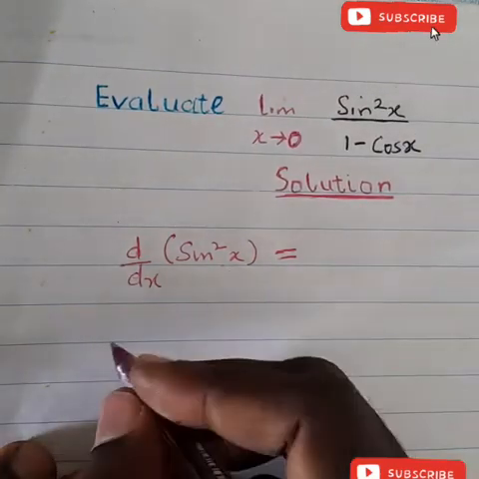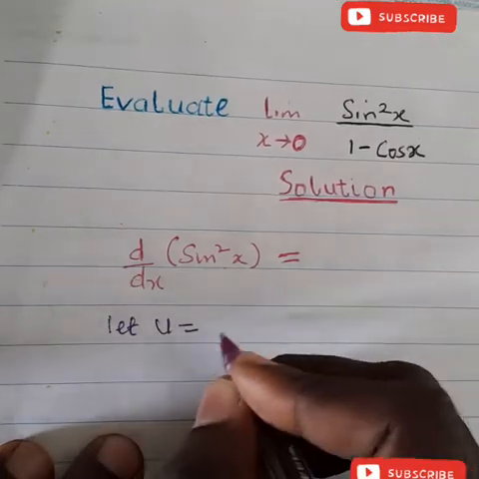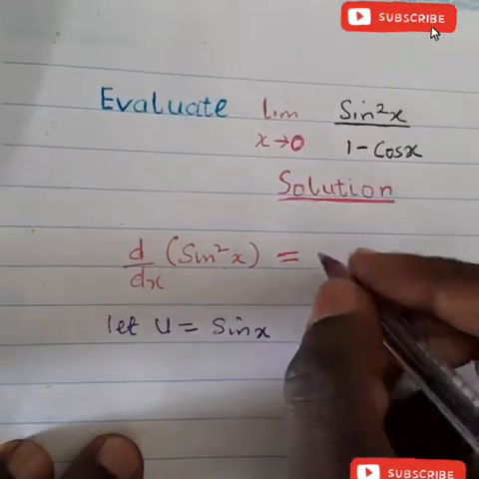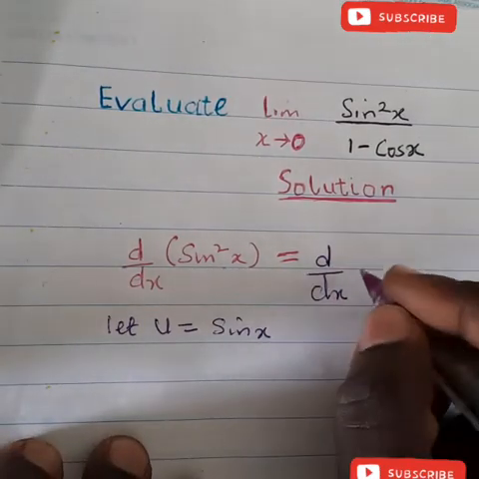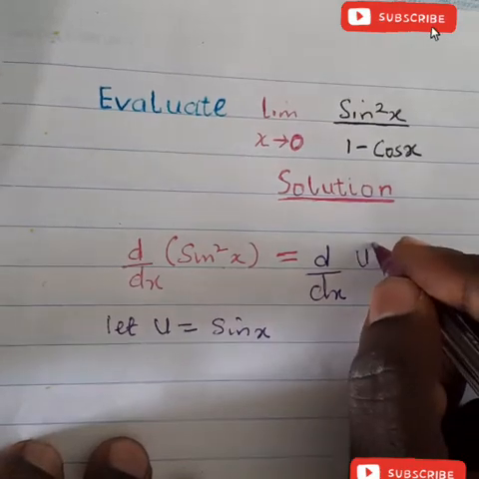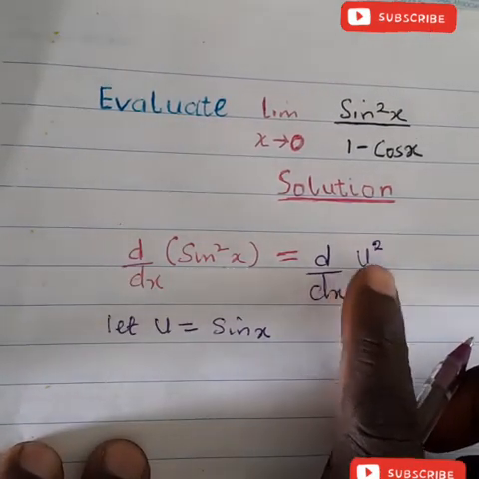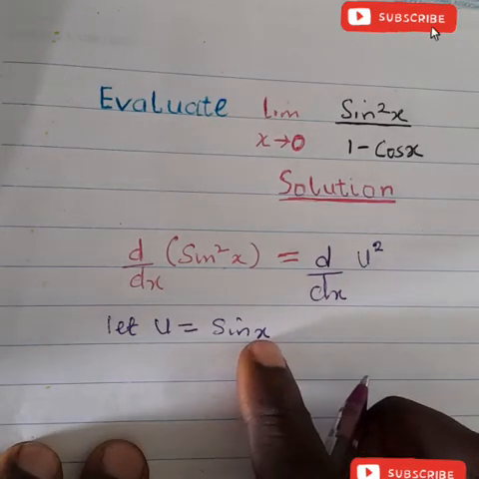Let u equal sin x. So this automatically becomes d/dx of u squared. Now you know that u can be differentiated with respect to x.